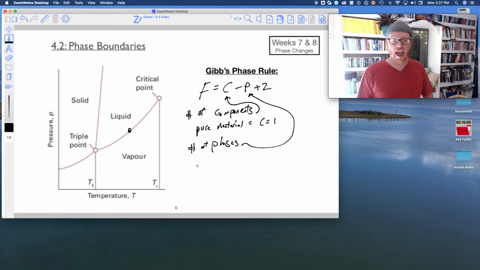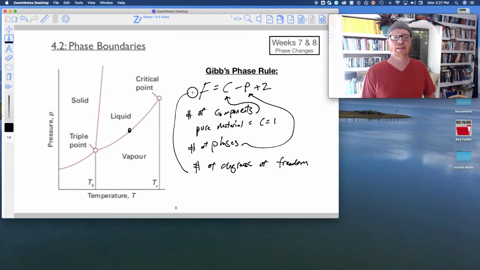And last, F is the number of degrees of freedom. This isn't quite the same as the degrees of freedom we talked about with rotations and vibrations and so forth. This degrees of freedom is really how many things I can change and still maintain the same phase. For example, if I'm at this point, then I have 2 degrees of freedom.